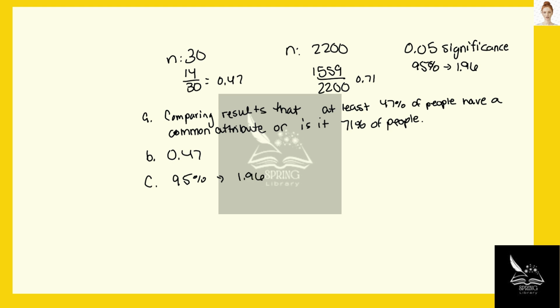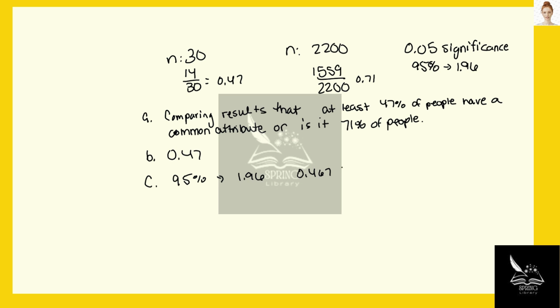1.96 as a z-score. So we are going to take 0.467. We'll go up 3 decimal places, and then we'll round to 2.